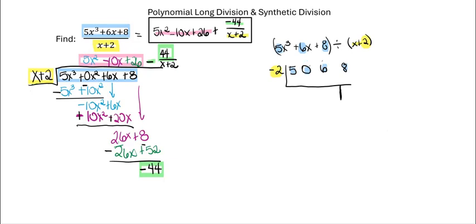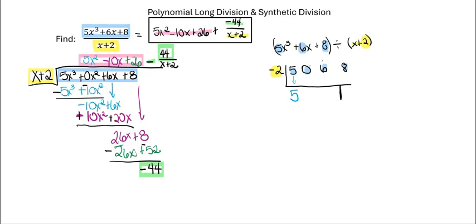So the first thing we're going to do with synthetic division is drop down this first number, the leading coefficient. That just drops down to a 5. And do you see how I wrote it in blue, just like over here on my long division, my leading coefficient, my quotient, is also a 5.